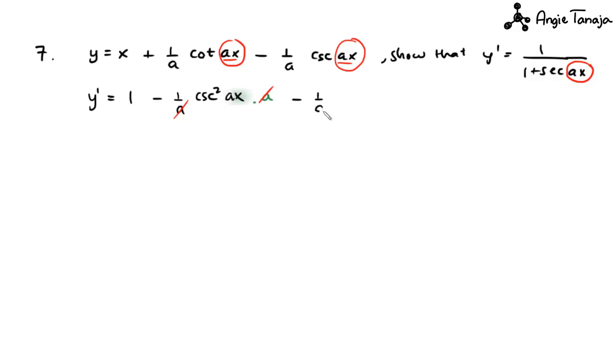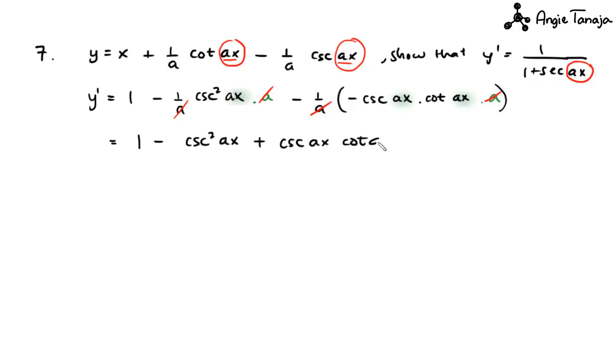Minus half times the derivative of cosecant ax, which is negative cosecant ax times cotangent ax. And then it's not finished yet because we have to times it with the derivative of the inside, which is a. By doing that, we can cancel the a, and let's simplify this. This will be 1 minus cosecant square ax plus cosecant ax times cotangent ax, right?